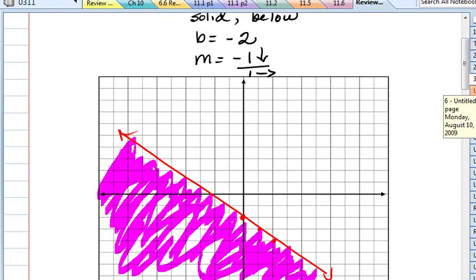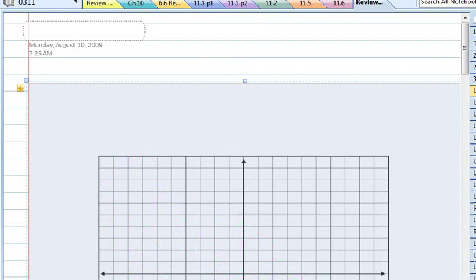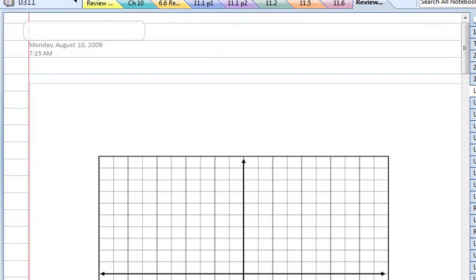Okay, ready to go on? Number 38. I need to graph x is greater than negative 3. Okay, there's no y in this problem. What does the line x equals negative 3 look like?